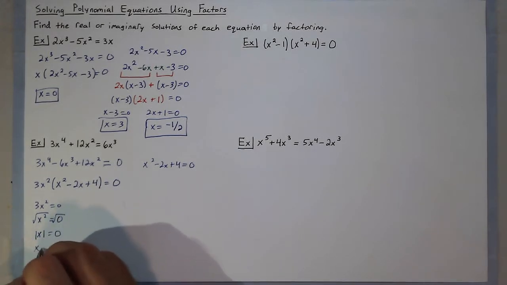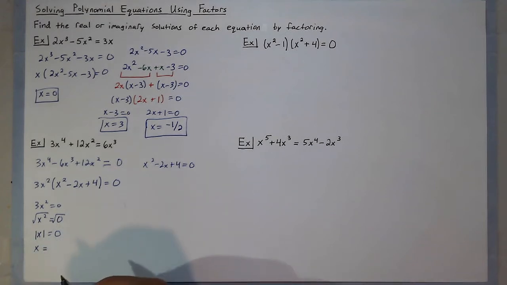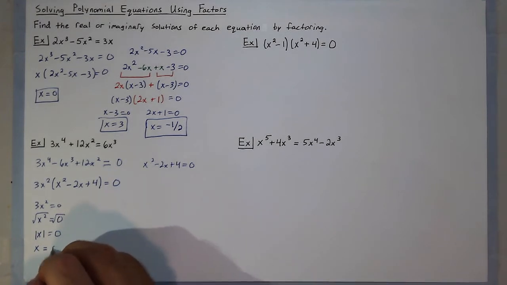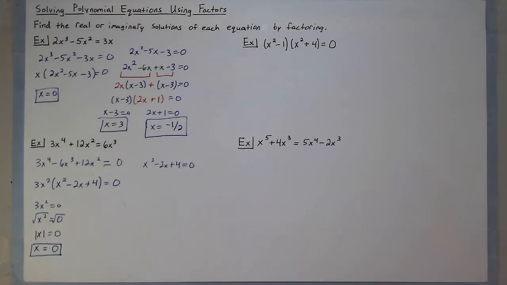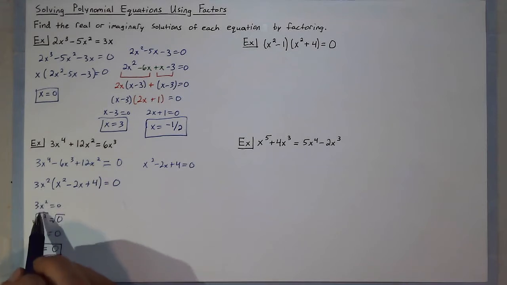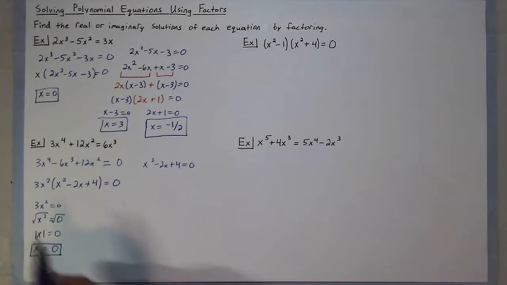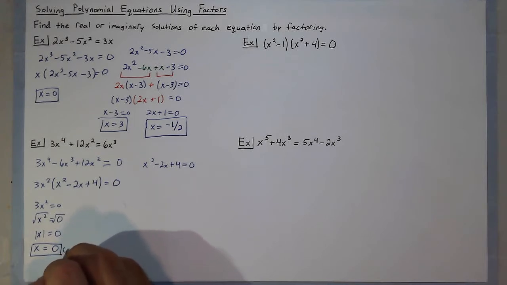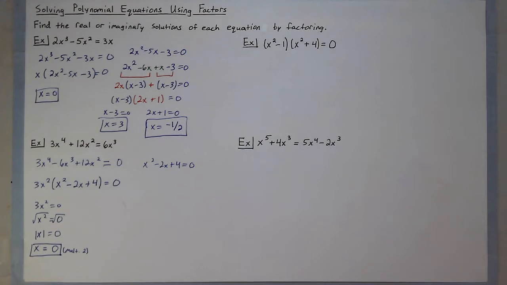So x is equal to plus or minus 0, but 0 is neither positive nor negative, so I just get 0. That's one solution. One thing to definitely point out about this solution is that it came from an x squared, so that factor x comes up twice. This 0 has a multiplicity of 2, so technically I got that solution twice.